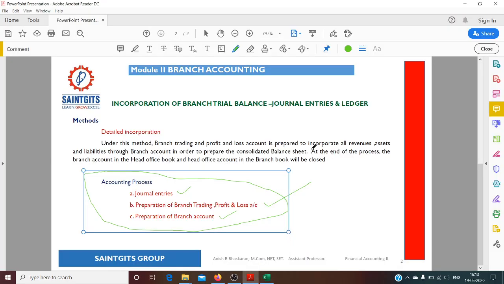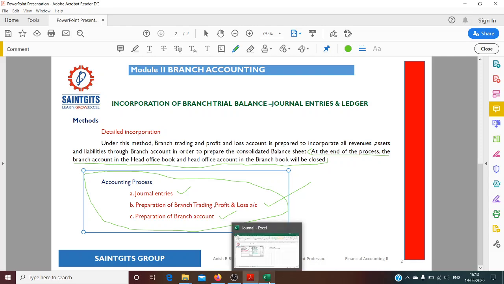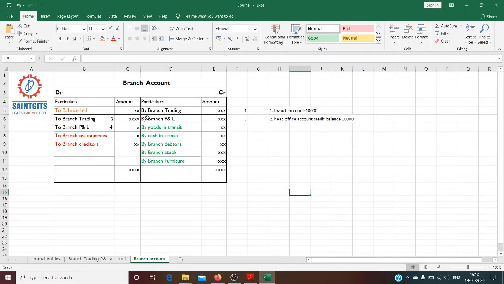Here it is specified that at the end of the process, the branch account in the head office book and the head office account in the branch account will be closed. So that is why after entering all the details, this branch account will be closed, because while starting the problem itself, we have to specify the closing balances in the branch account.